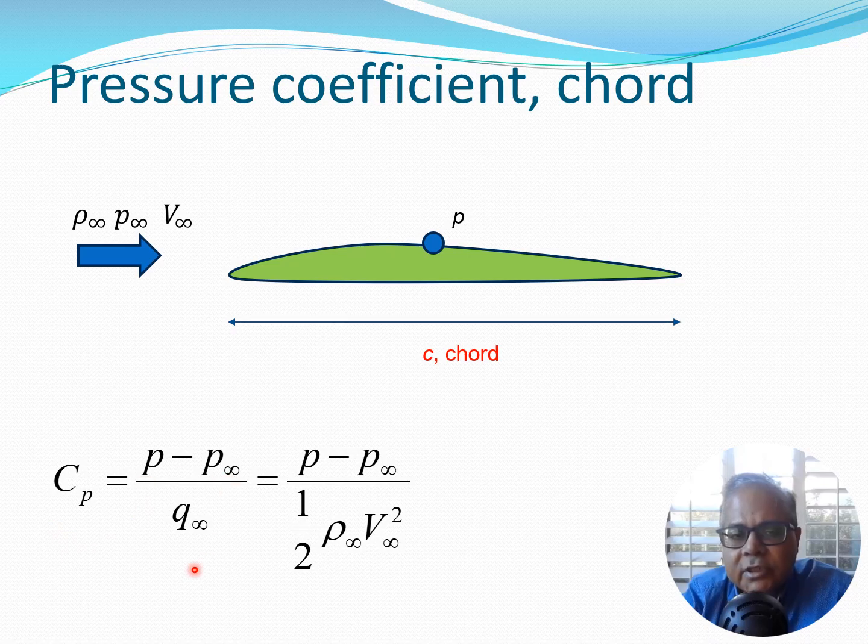Essentially here, of course, the values which have the subscript infinity correspond to the values in the free stream. So rho is the density, P is the pressure, and V is the velocity. I can see by looking at this definition that both the numerator and the denominator have the units of pressure, which is Newton per meter square or Pascal, and therefore this is a non-dimensional quantity.